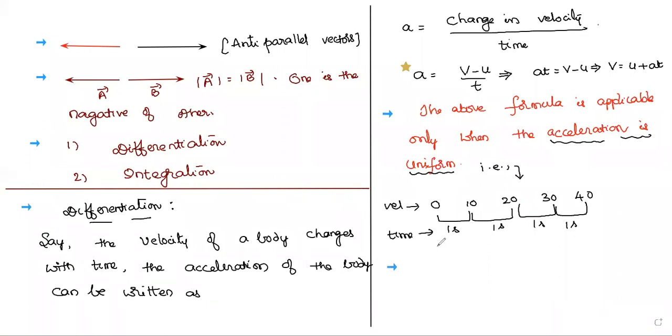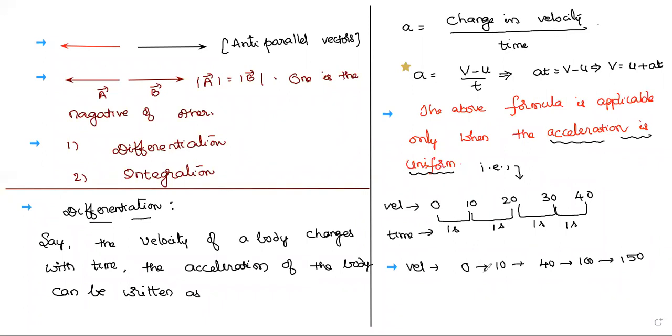Okay, so here this is the problem. The velocity is changing irregularly. If the velocity changes irregularly, like from 0 to 10, 10 to 40, 40 to 100, again 100 to 160, or 150, these are irregular changes.